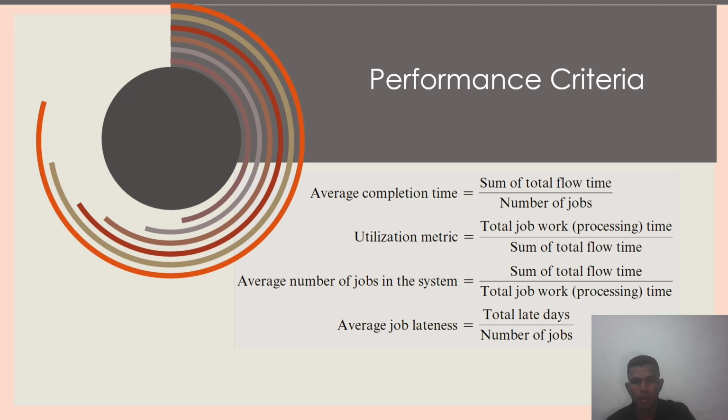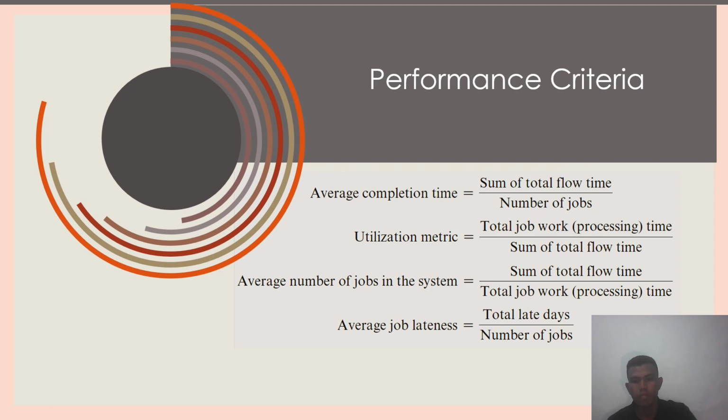For example, if job B waits 6 days for job A to be processed and then takes 2 more days of operation time itself, its flow time would be 6 plus 2, which is 8 days.